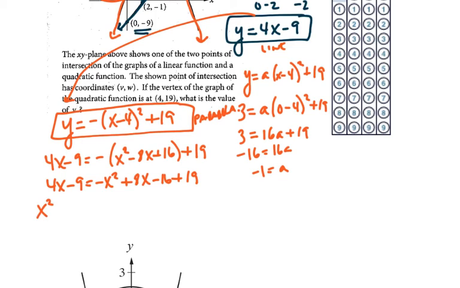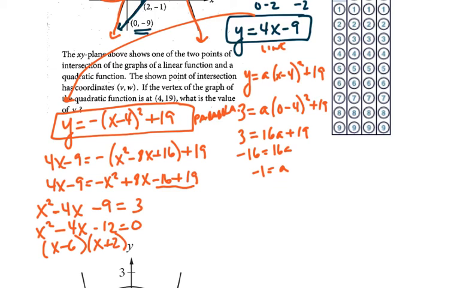I like to keep things positive. So x squared, I'm doing this in my mind, minus 4x. I'll just clean this up a little bit here. This is going to be 3. So when I move that over, subtract 3 from both sides, that's going to be negative 12, right? So (x minus 6)(x plus 2). So x equals 6, x equals negative 2.